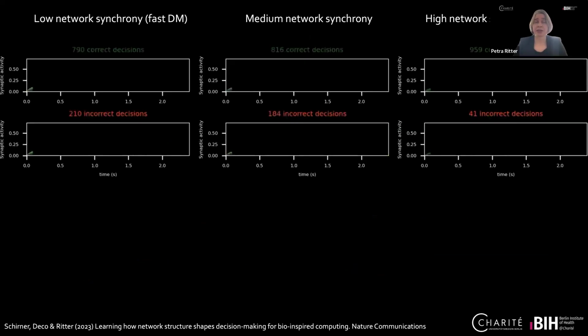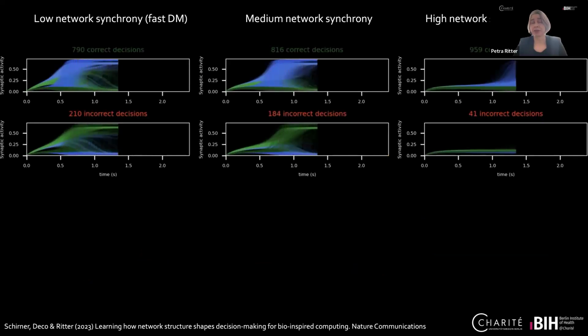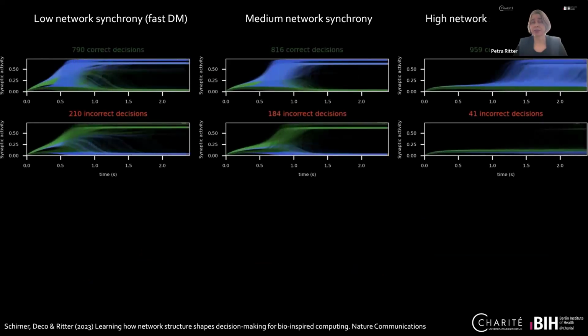So now we have the mathematical descriptions of our different brains, and we were interested in why are there different performances? Why does the accuracy of the decision-making vary in our 650 virtual brain twins?